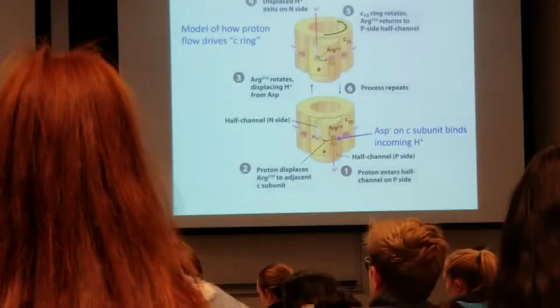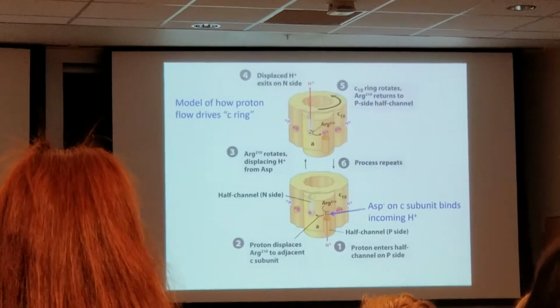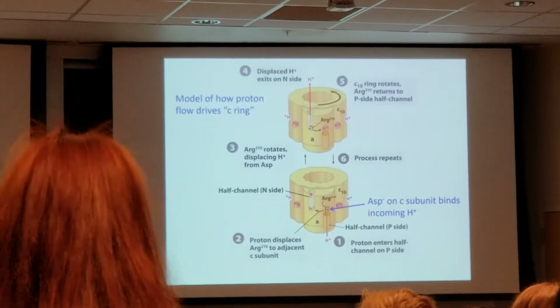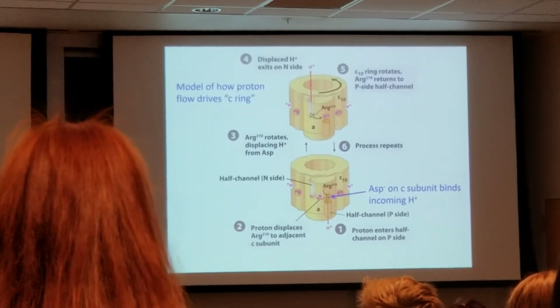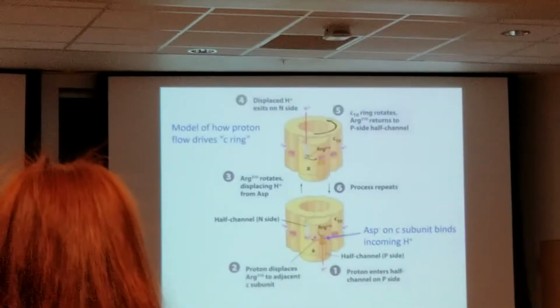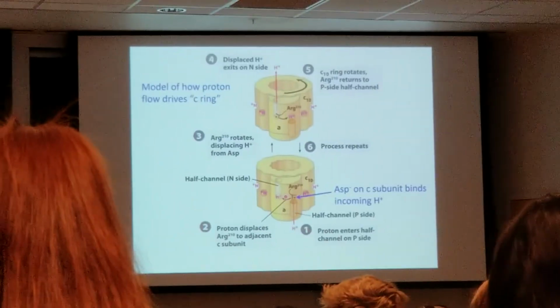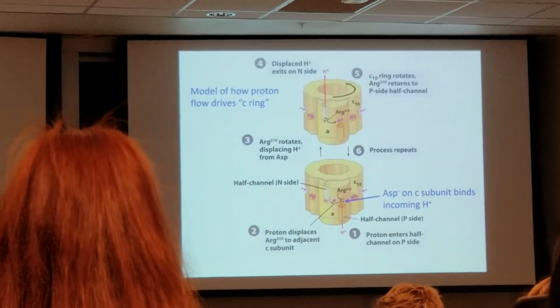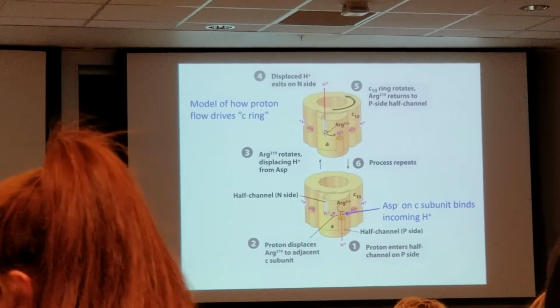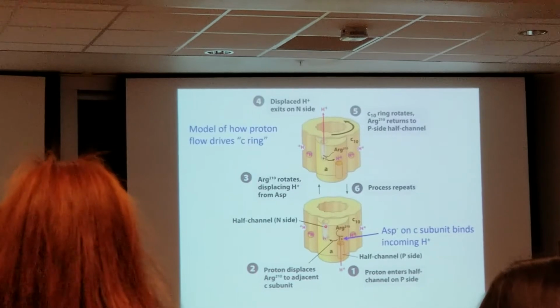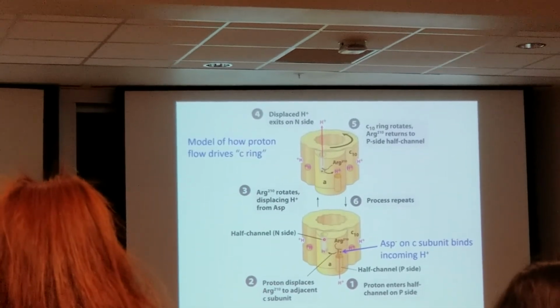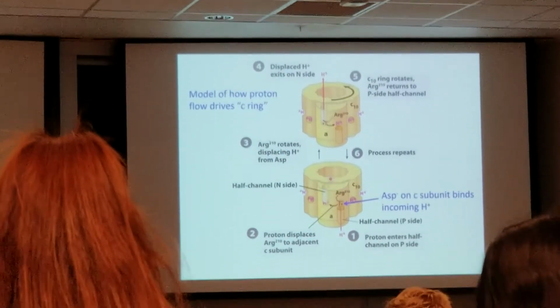But imagine you're a proton, and as you come close, part of you wants to jump off into the aqueous environment, and this positive charge here is an extra incentive for you as a proton to leave, because you're being repelled by the arginine. So the arginine is helping to kick off that proton. Thank you, arginine, because we want the proton to leave.